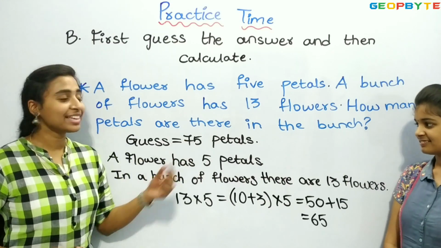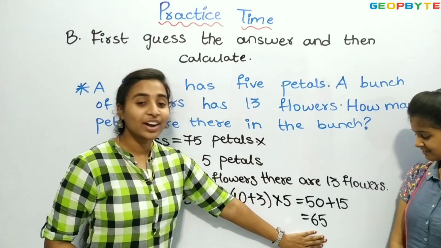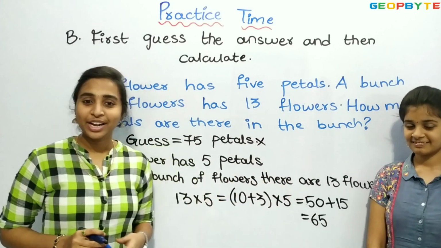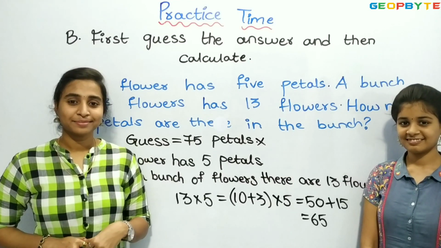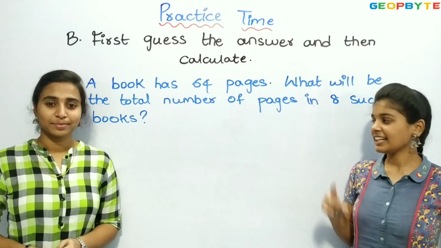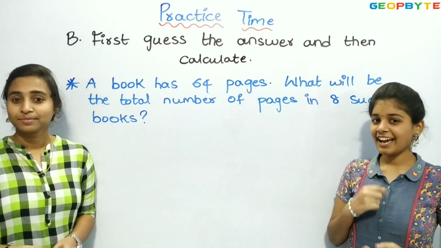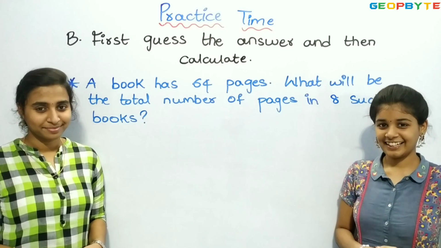We guessed 75. So our guess is wrong and we got 65 petals in a bunch of 13 flowers. Children, now let us see the next question and guess, then we will calculate.